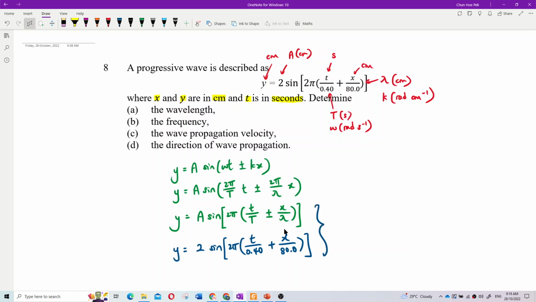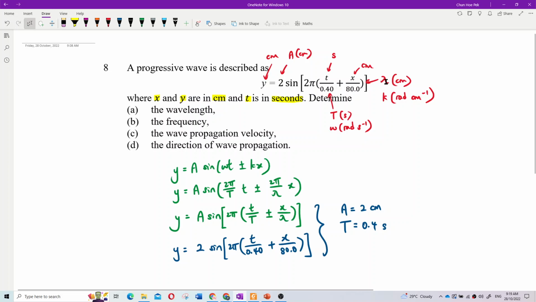We can see the amplitude is 2 cm, because y is in cm. Then the period is 0.4, in seconds. And then we have lambda, which is in centimeter also because x is in centimeter.